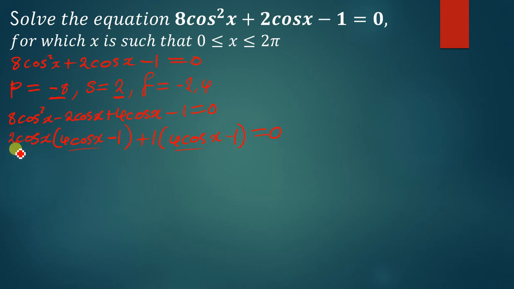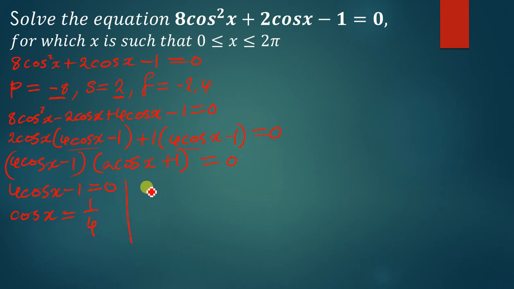Alright, so we can factorize this. We have 4 cos x minus 1 in brackets, and 2 cos x plus 1, and this will be equal to 0. We can equate each of these two factors to 0. When we equate 4 cos x minus 1 to 0, you're going to get cos x as 1/4.